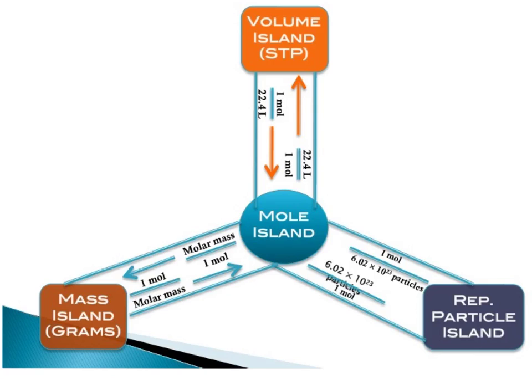The next thing I want to introduce you to that will help you do some of your conversions is Mole Island. Think of Mole Island as a country, and the main island in the country is Mole Island, but there are 3 other little islands like Volume Island, Mass Island, and Representative Particle Island that you can go visit in your travels there.